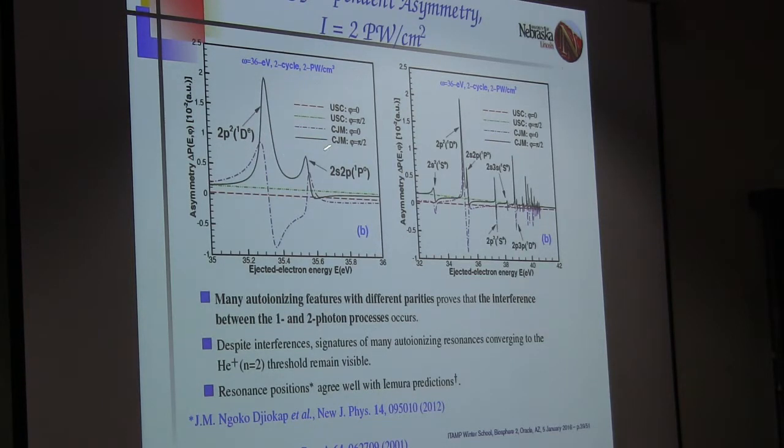If I take the difference in those previous two slides, this shows you that this difference is between 35 and 36 eV. So it's the difference of those two previous slides. These are the two peaks, and these are the results for two different carrier envelope phases.